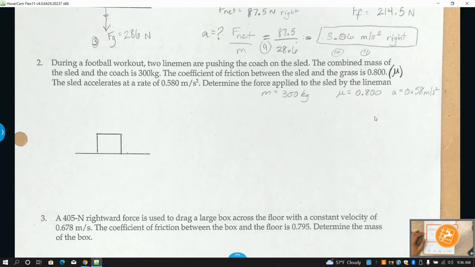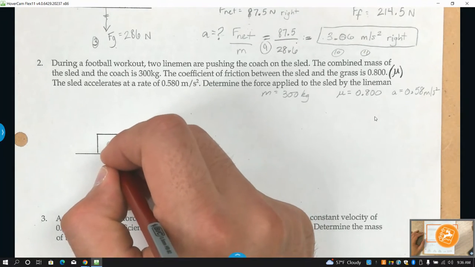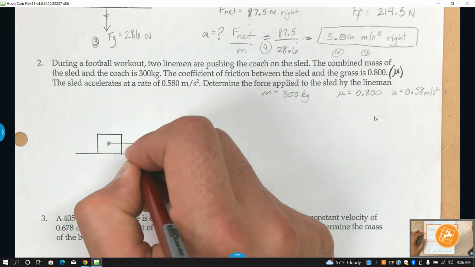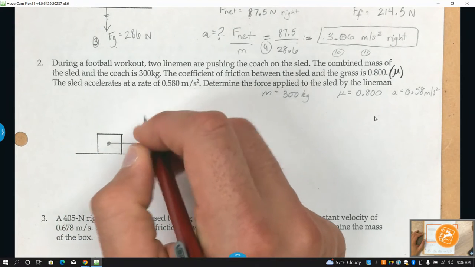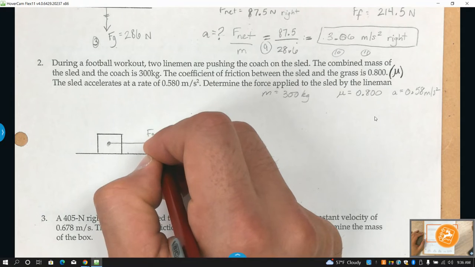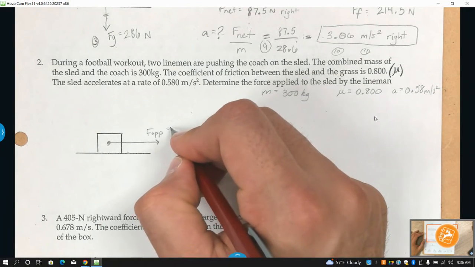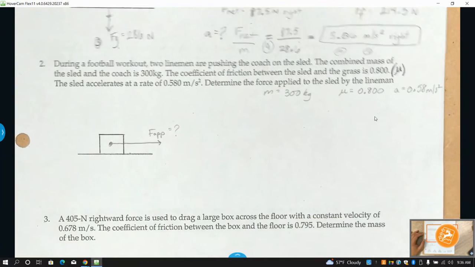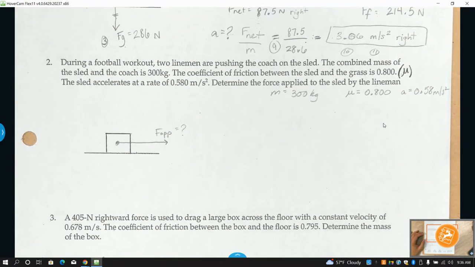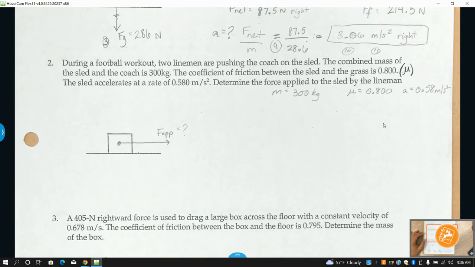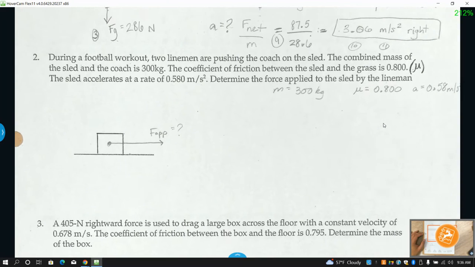Determine the applied force. So they want this. That is going to be our final thing, our final question mark. Okay, well, that's it. We don't have anything else right off the rip to figure out.